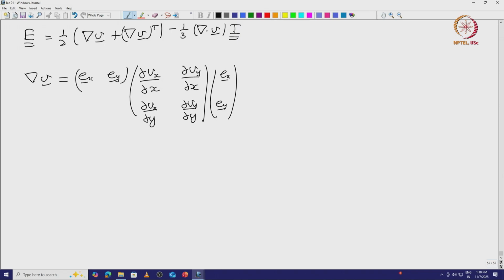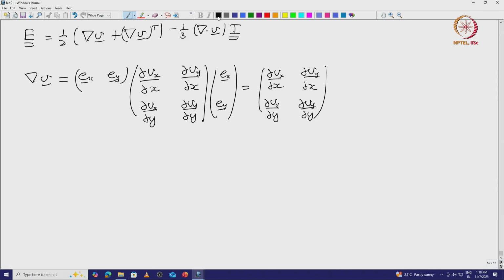And once again, if I write it without the unit vectors, I just get partial Vx by partial x; the presence of the unit vectors is understood in this case.